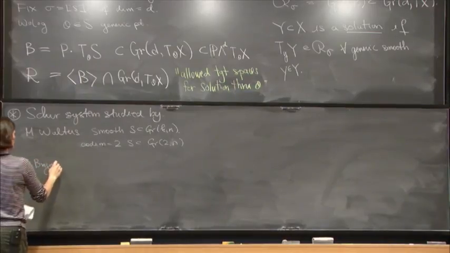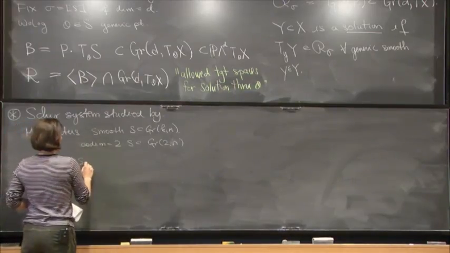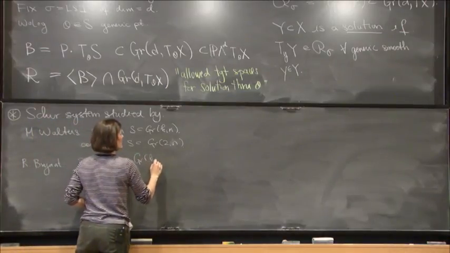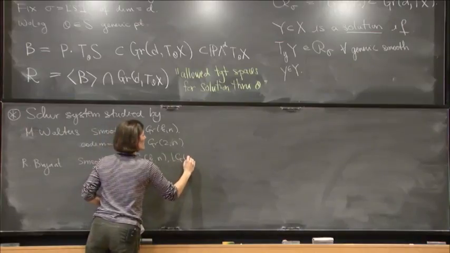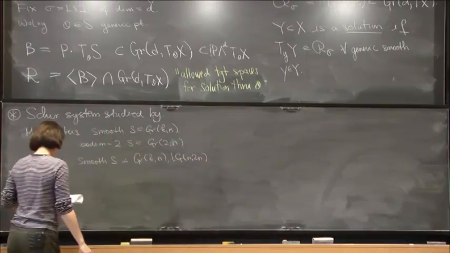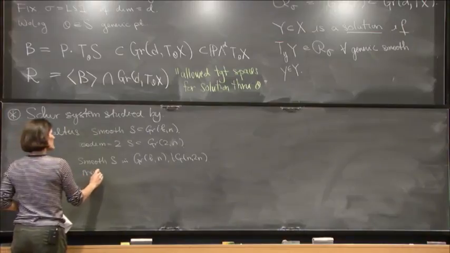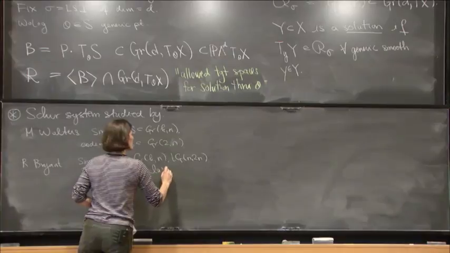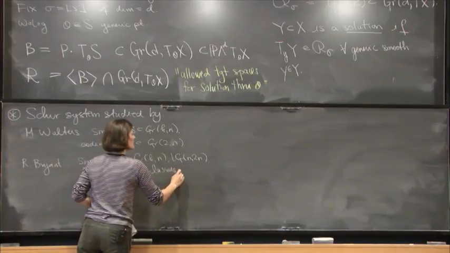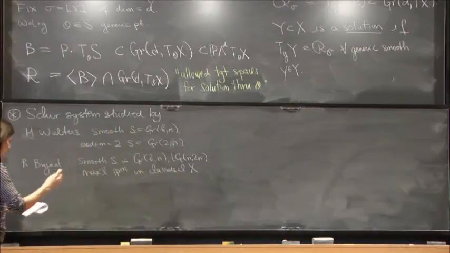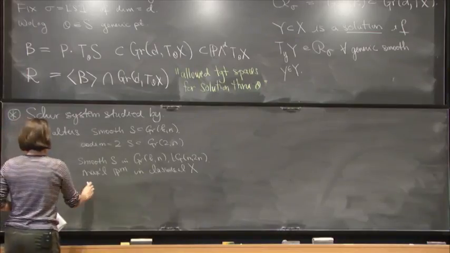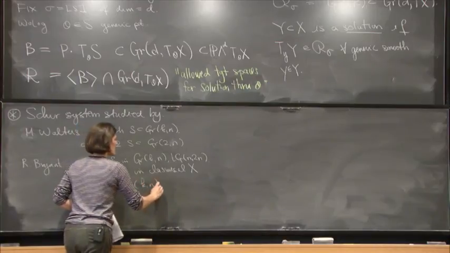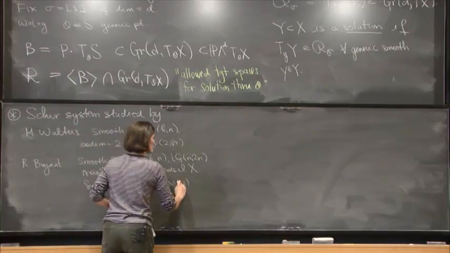Robert Bryant looked at smooth Schubert varieties in Grassmannians and Lagrangian Grassmannians, maximal linear subspaces in the classical X over there on the far board, and singular S in Grassmannians of low dimension or codimension.